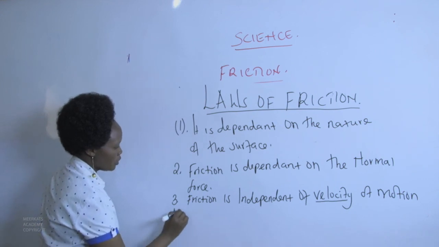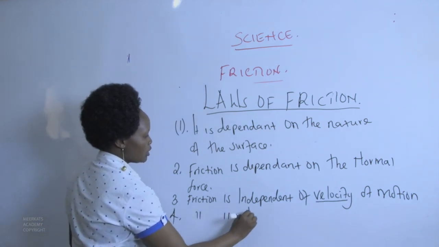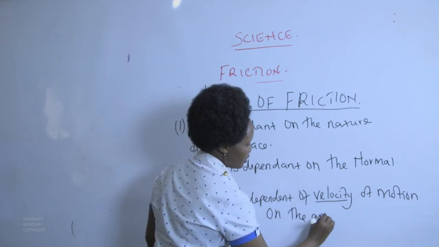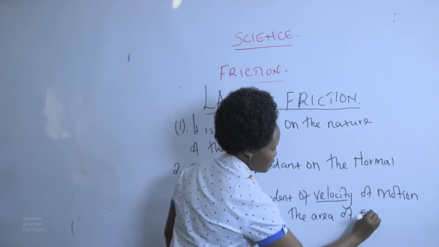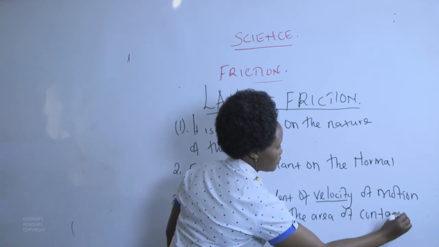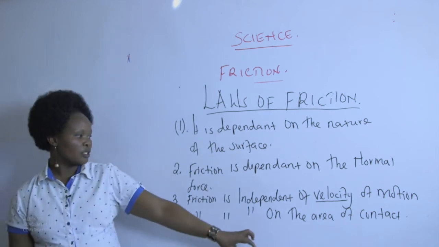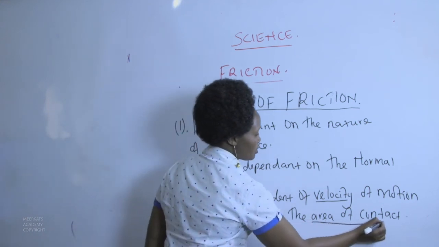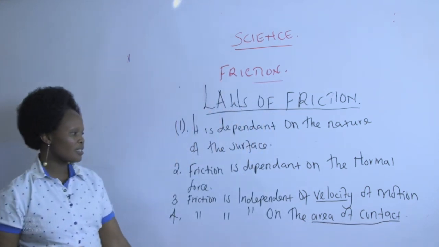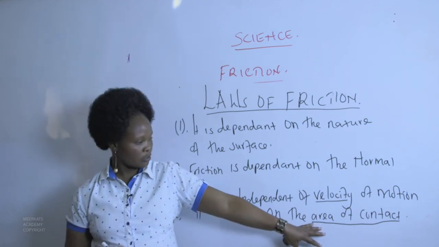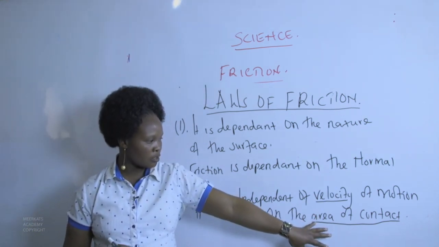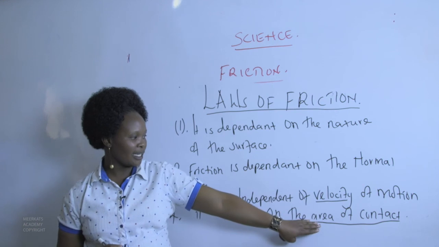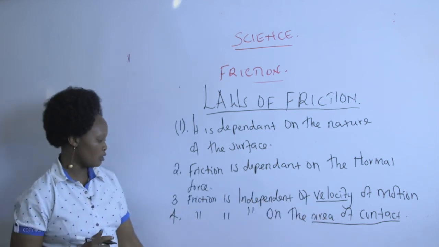Number 4 is that friction will not depend on the area of contact. If you are dealing with the same surface, the size of the material that is going to be slid on the surface is what dictates the amount of friction and not the area of contact between the two.